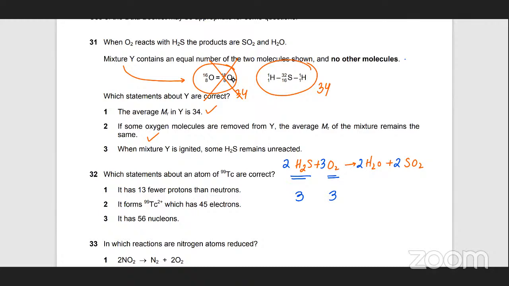H2S is the one that's in excess, because you don't need 3, only 2 are needed in the reaction. 1 molecule would be left at the end of the reaction, right? So some H2S would remain unreacted, and that is correct.